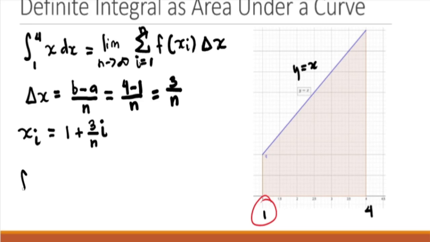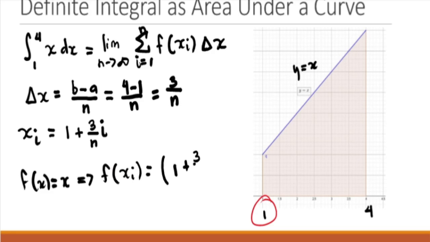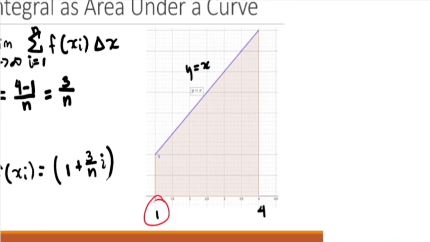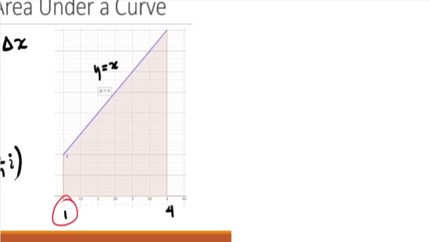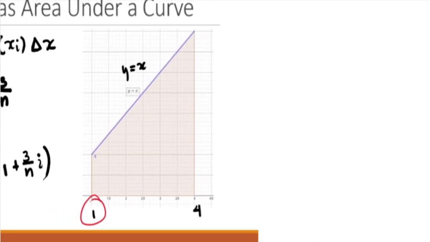Okay, so since we have f of x equals x, this would mean that f of x sub i would be 1 plus 3 over n times i. So we have delta x and f of x. We can continue.